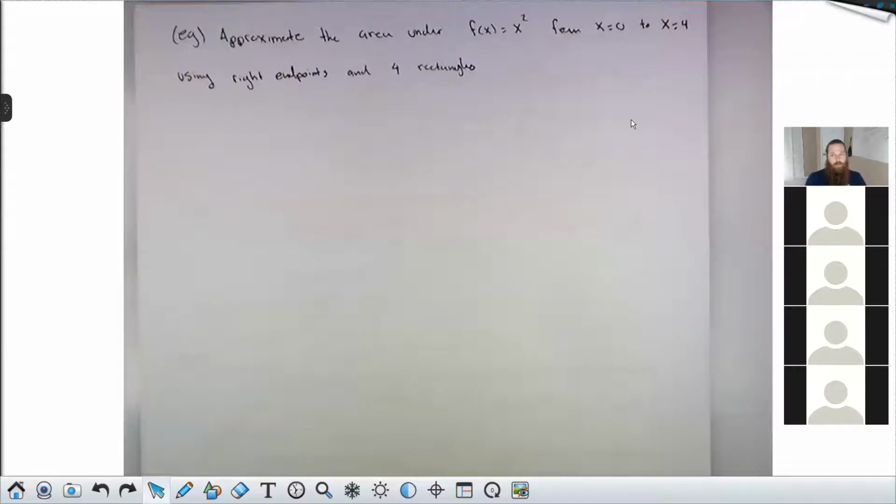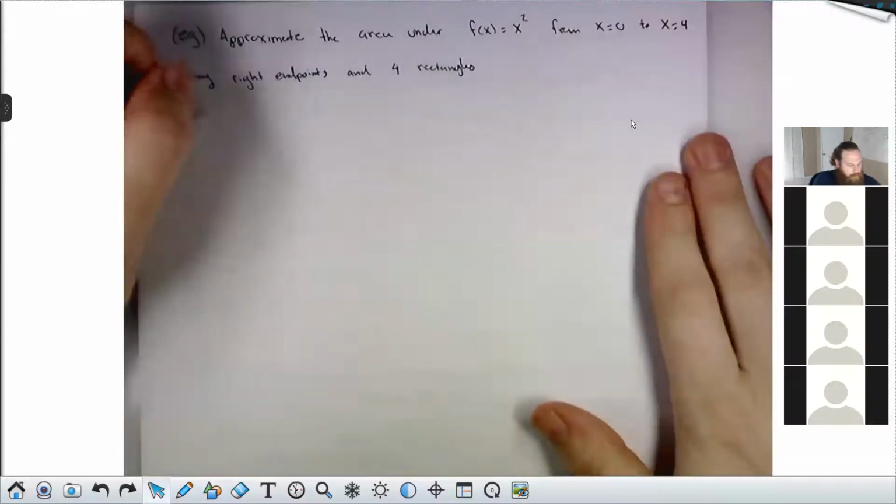So the way you do this, first calculate delta x.